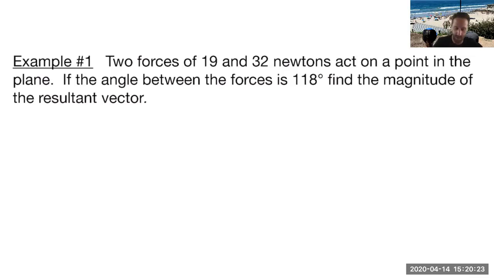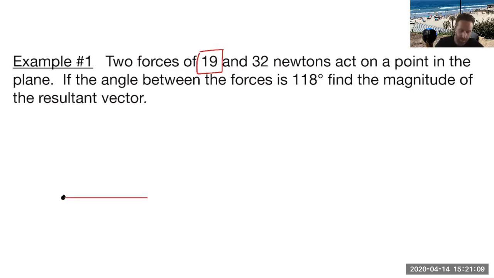So the first one I will draw will be in red. And that one they said was going to be a length of 19 newtons. And again, acting on that same point that we started with, we are then going to draw a 32 newton force. And it's going to be an angle of 118 degrees between them.